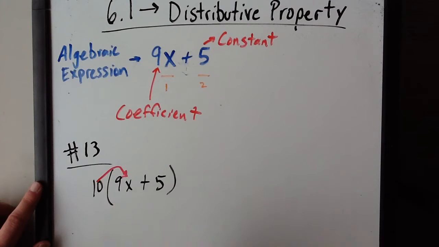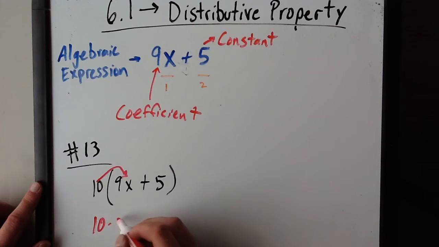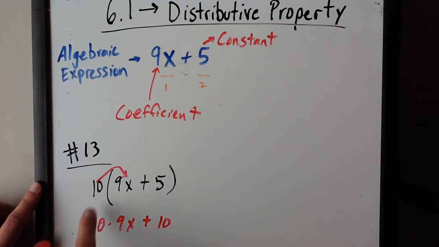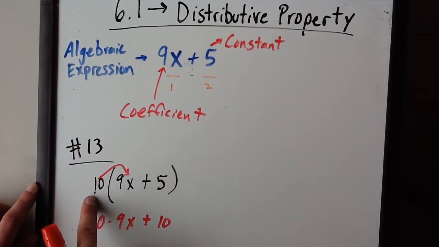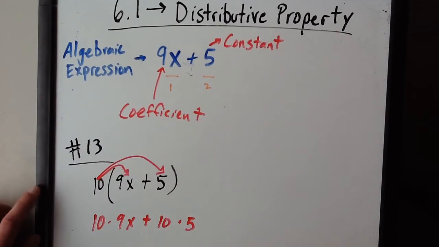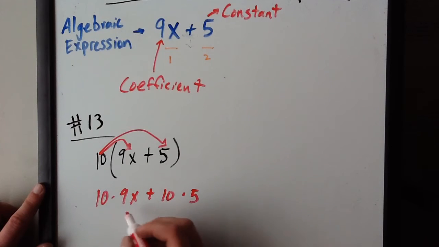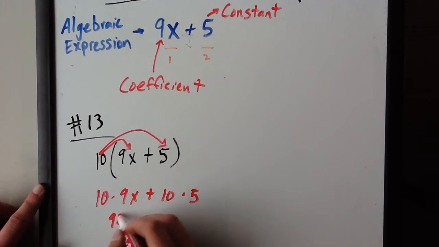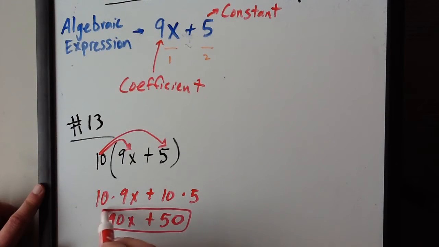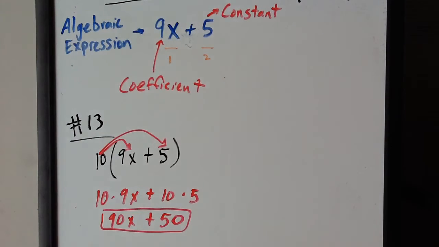So you do 10 times 9x, and then you put plus 10 because you're distributing a positive 10, plus 10 times 5. If I simplify this, 10 times 9x is 90x, plus 10 times 5 is 50. So this would be my answer once I distribute, 90x plus 50.